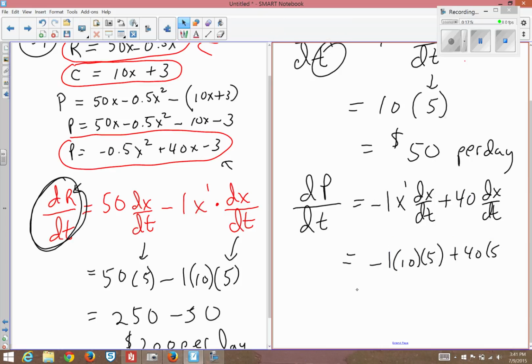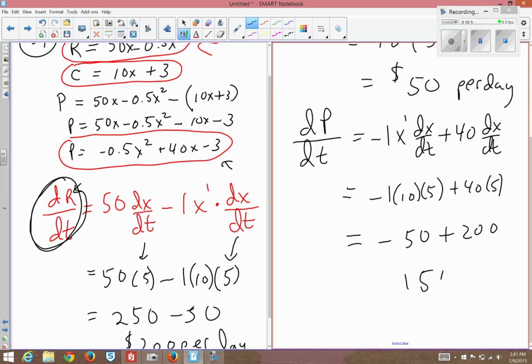That's negative 50 plus 200, which is 150. Once again, I look up here, and that tells me this answer, 150, is P, profit is in dollars. Down here's t, time is in days. So $150 per day.